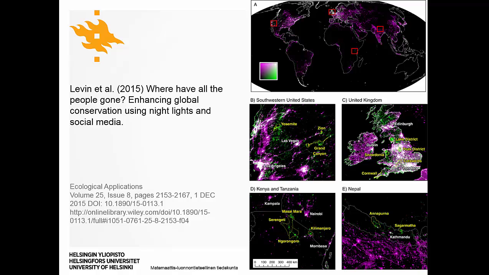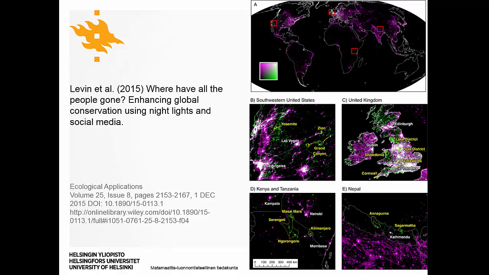And still there are posts coming from social media, and they tried to understand what those places are where people go and visit for recreational purposes in natural areas. In here, for example, the green areas are those where there are no nightlights but still a lot of social media posting.